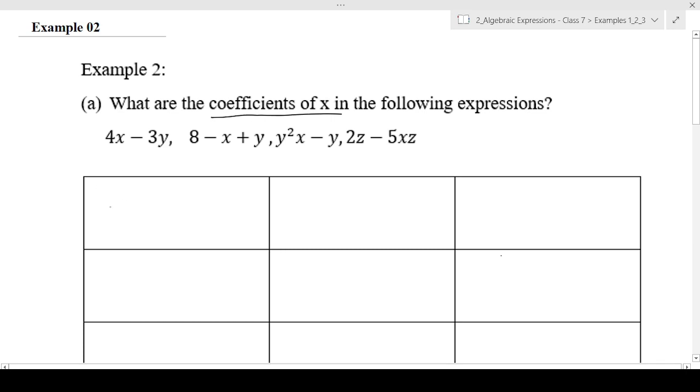Let us first, in the first column, write the given expressions. Now in the second column, let us find out all those terms in the expression which have x as a factor, so the term with the factor x.